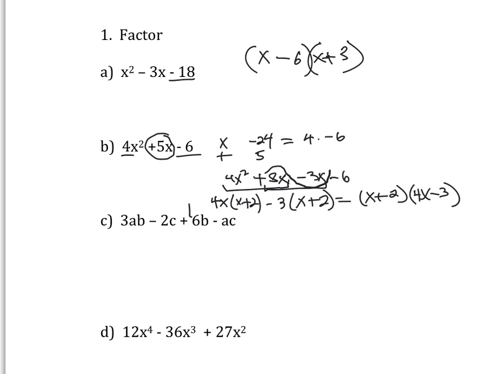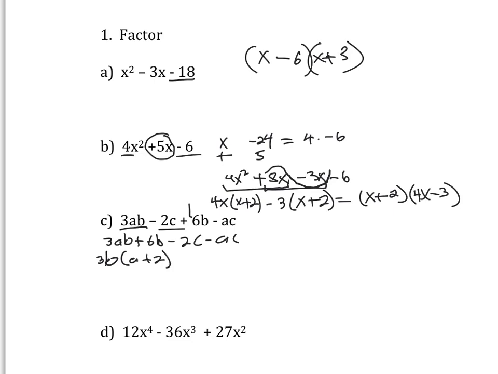Okay, for the next one, we have 4 terms, and so we take a look, see if we can factor by grouping. These first two have nothing in common, so we'll do a little rearranging. And let's get 3ab plus 6b minus 2c minus ac. Okay, now we can factor a 3b out of the first two terms to be left with a plus 2.